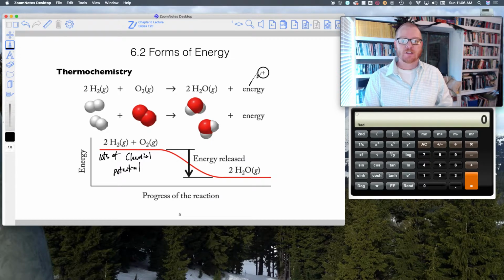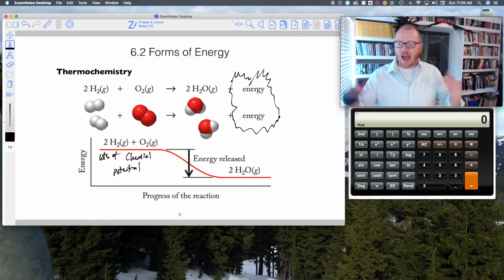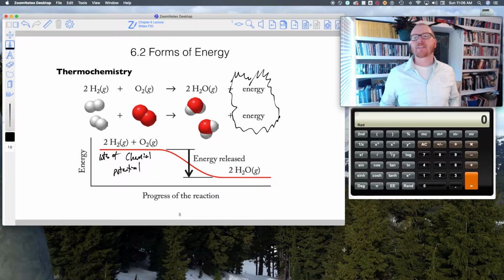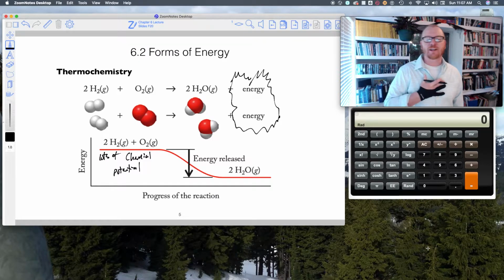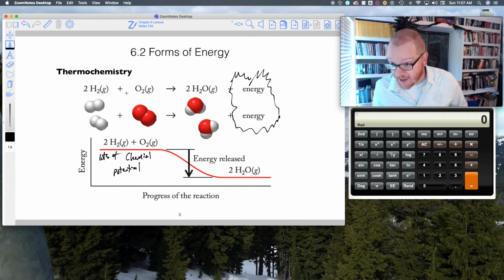I mean, I would do this for you all in the lecture hall. I have a sweet setup with a hydrogen bottle and an oxygen bottle, and we mix them together and make a balloon and light the balloon. It sounds like a shotgun when it goes off. I mean, you can feel it in your chest, okay? So there is a lot of chemical potential between a mixture of hydrogen and oxygen, or even between a mixture of methane and oxygen, or octane and oxygen.